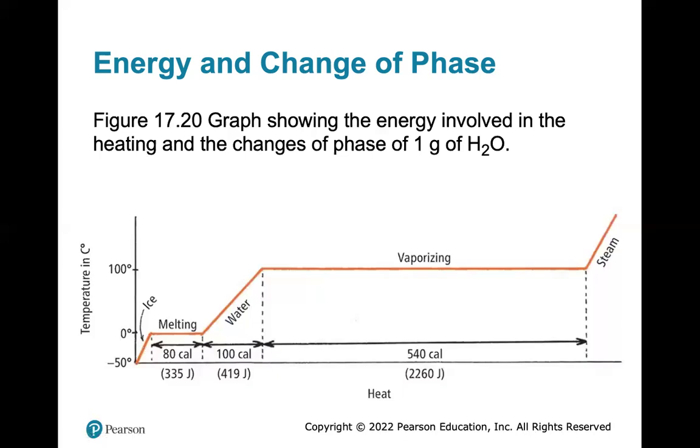When we talked about specific heats, it was either calories per gram per degree C or joules per gram per degree C. In the latent heat of fusion and the latent heat of vaporization, it's just joules per gram because you're just putting energy into the system.